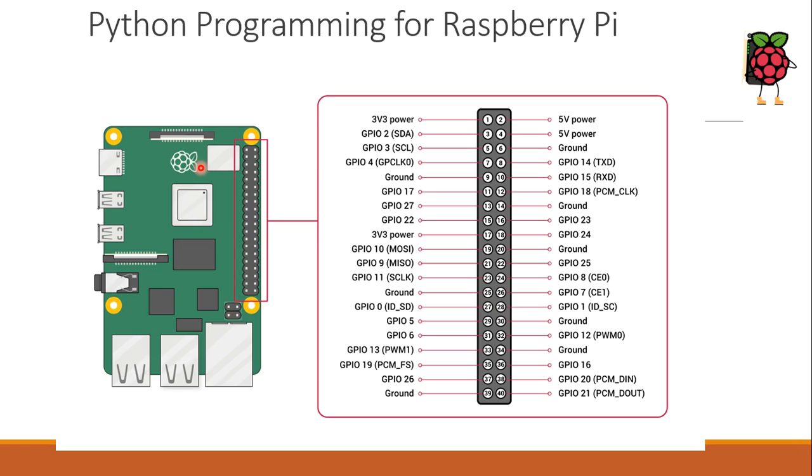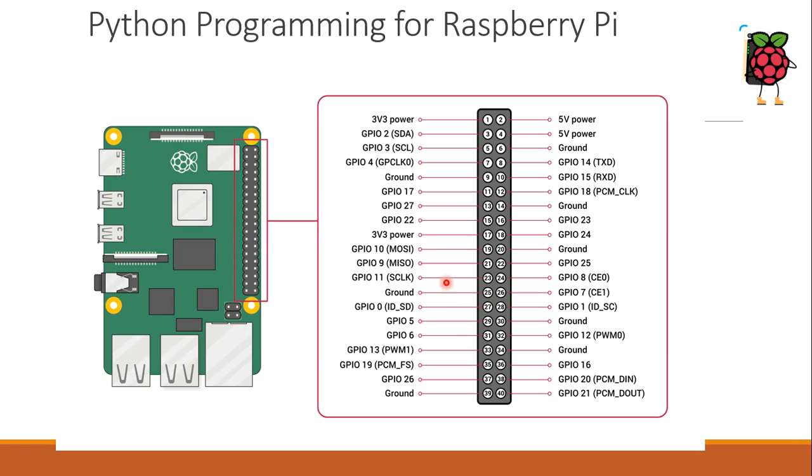To connect various devices to the Raspberry Pi, the GPIO, general purpose input output pins, are very essential to understand. Here there are 40 pins available, each pin having its own specification and its own advantages to connect certain sensors, to connect an LED, to connect PWM.